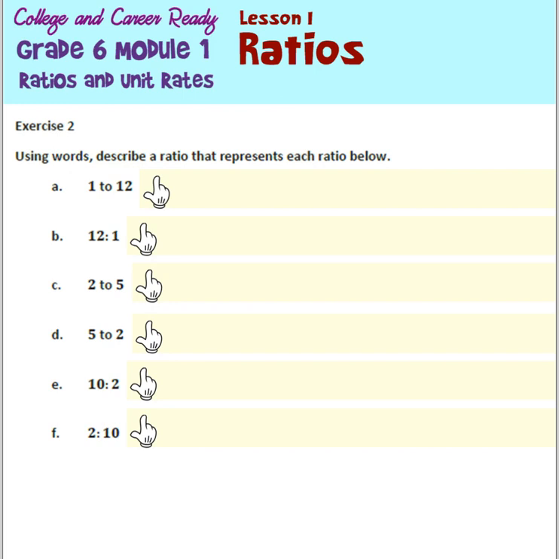So the next thing on your module we need to look at, think of the numbers 1 and 12. What relationship can you think of that would be appropriate for this ratio, 1 to 12? You can think of lots of things that come in dozens.